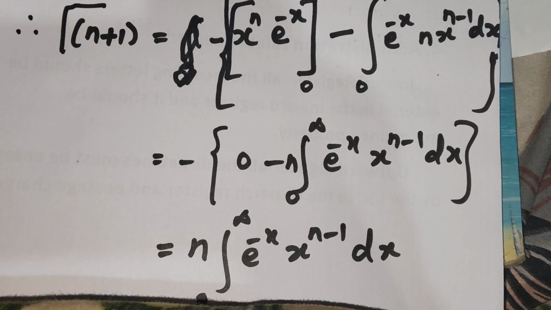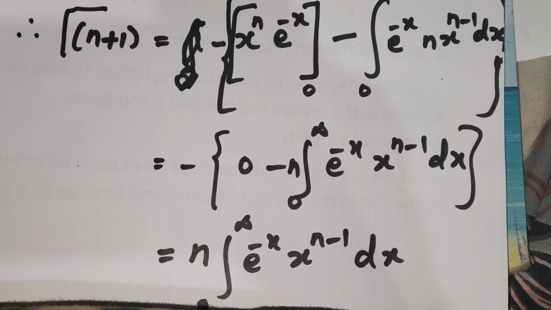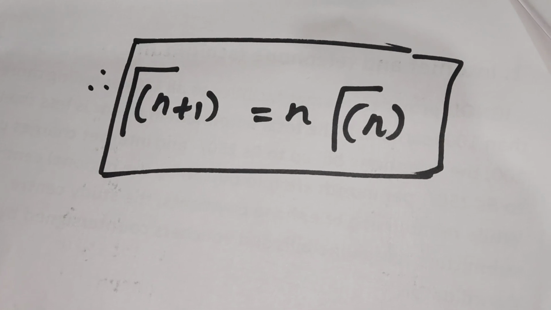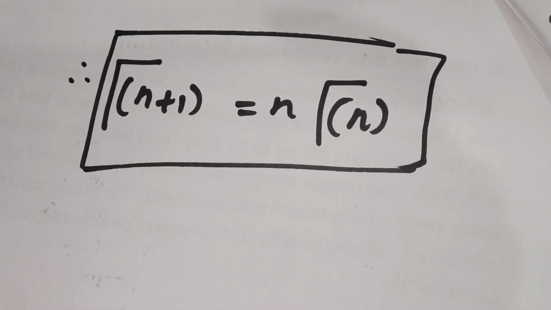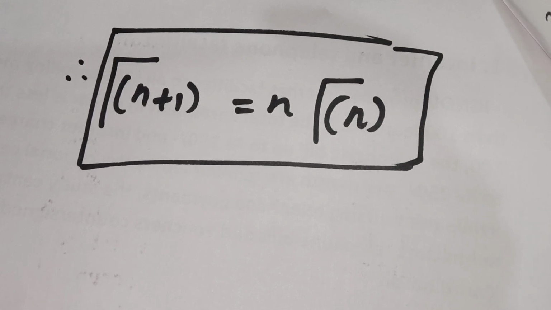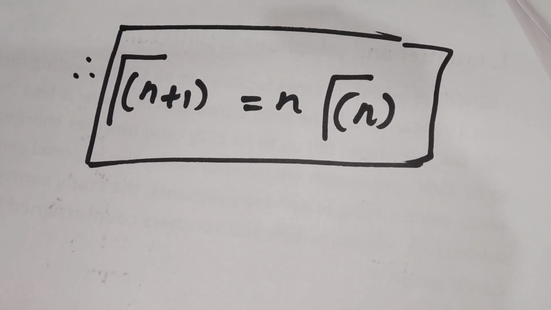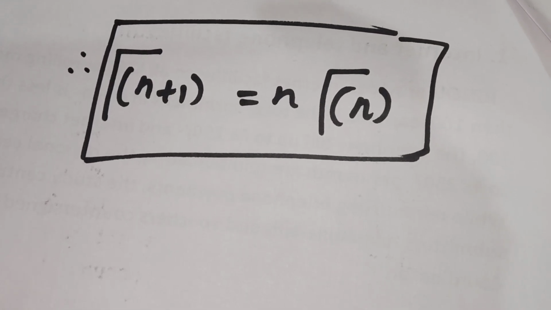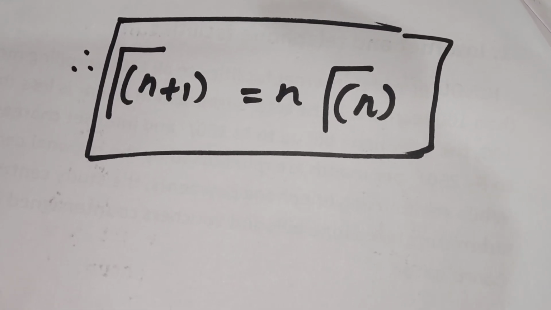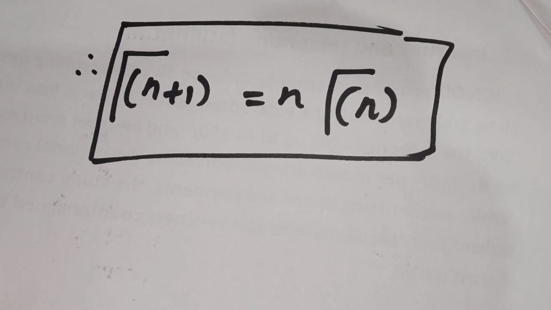And therefore n integral 0 to infinity e power minus x, x power n minus 1 dx. By definition of gamma of n, the RHS of the previous line will be n gamma of n, and therefore gamma of n plus 1 is equal to n gamma of n. So this property is very easy to prove by using integration by parts and definition of gamma n.